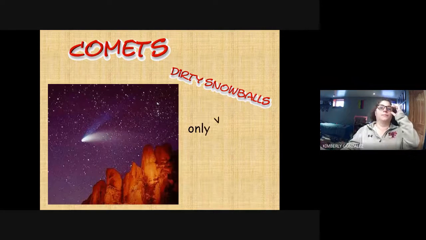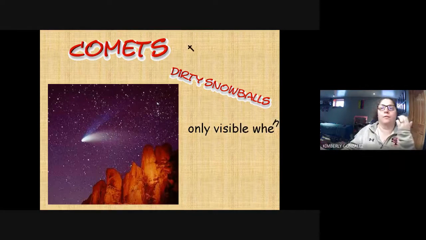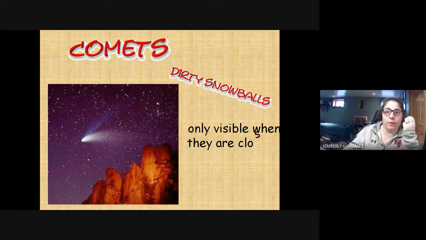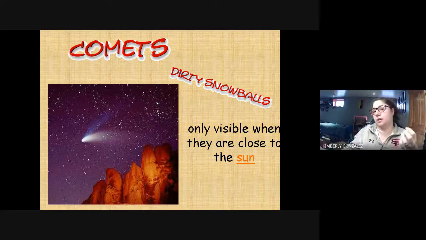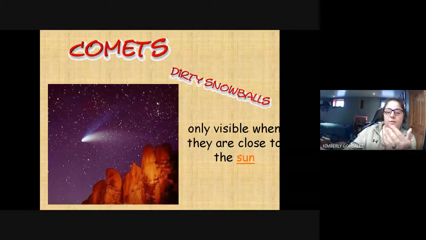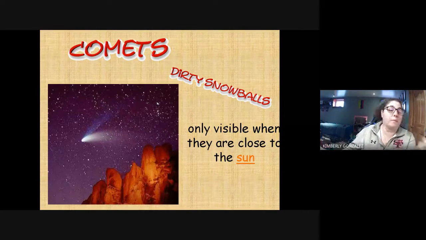They are basically made out of frozen material with dust and space stuff that makes them dirty. Comets are only visible when they are close to the sun. They're not visible to us when they are really far away, because we see them by the light reflecting off of them. And remember, the sun is a star. Keep that in mind for a sec.